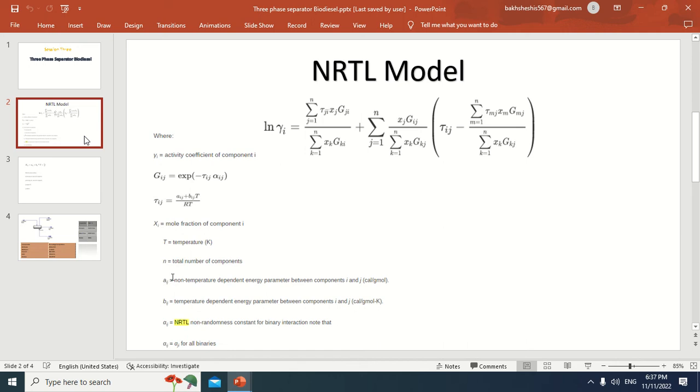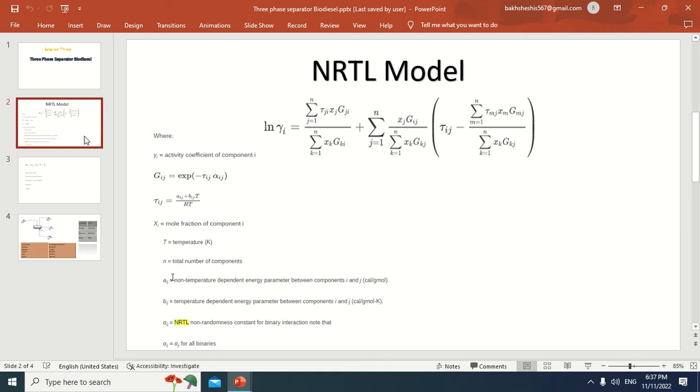The NRTL equation in HYSYS contains 5 adjustable parameters, temperature dependent and independent, for fitting per binary pair. The NRTL combines the advantages of the Wilson and Van Laar equations, and it can represent LLE quite well.